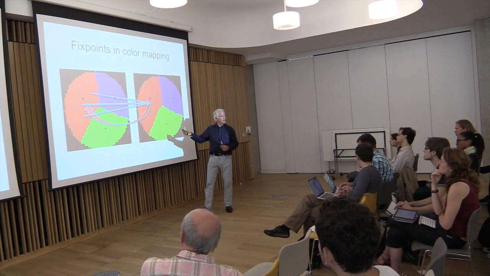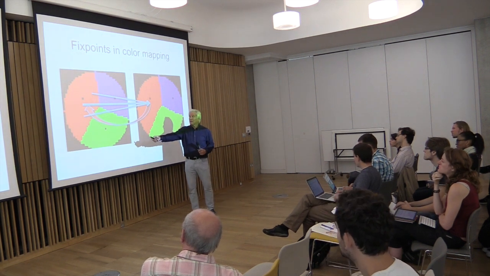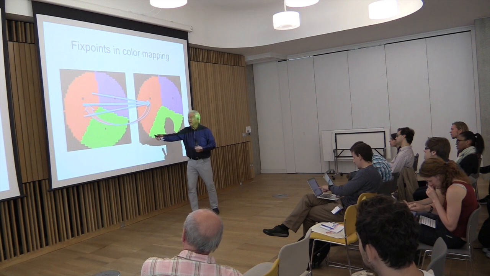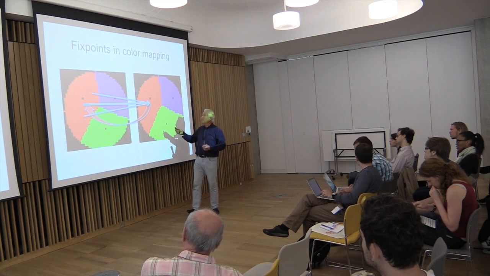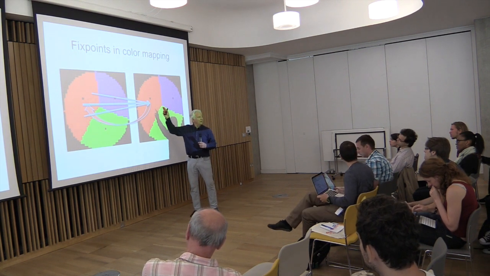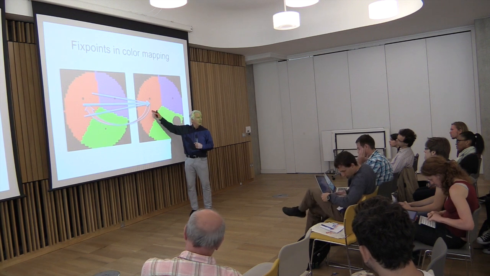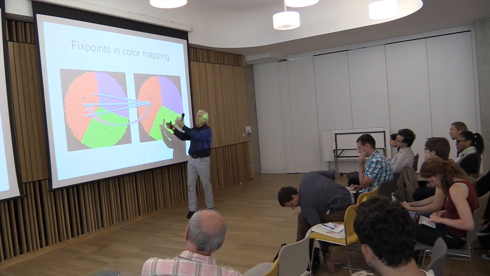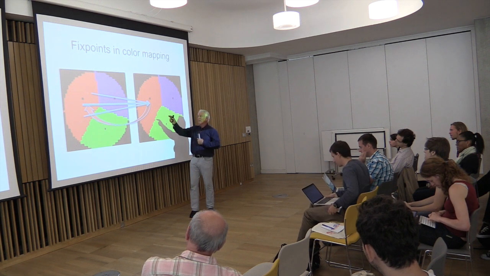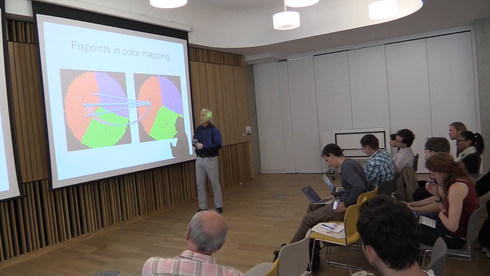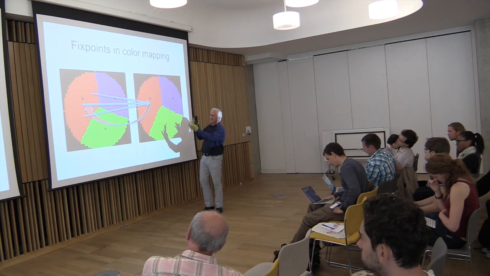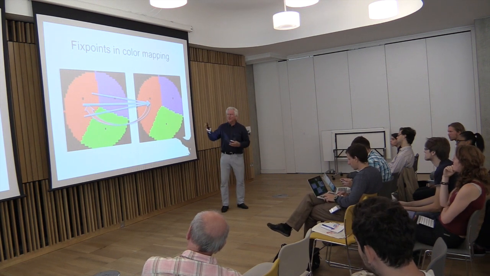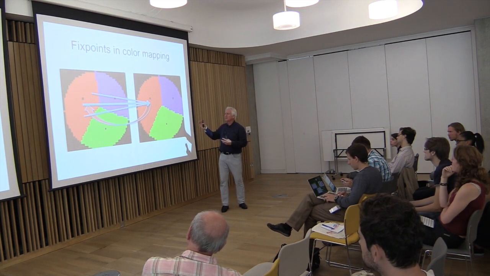This is your space, and I see something. I see color here, and I use a signal. That's the expression function. You hear my signal. You have to interpret, and you have to point to a place here. What's happening is that you signal back. So what we have is a mapping. I'm sorry, because these two spaces are identical, it's a bit difficult to show the differences. But assume that they were different.